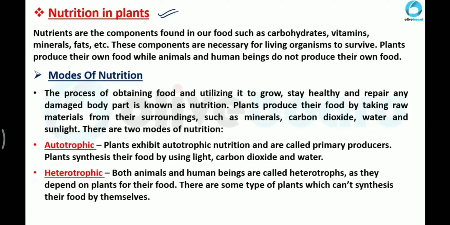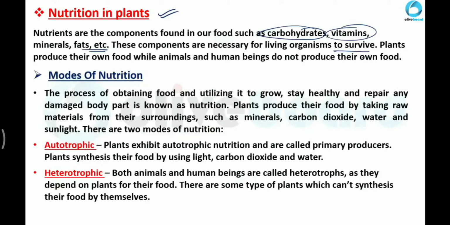Our food, whatever you are eating, is your nutrition, and from that you get your nutrients, which are very essential for you to survive. Nutrients are the components found in our food, such as carbohydrates, vitamins, minerals, and fats. These components are necessary for living organisms to survive.